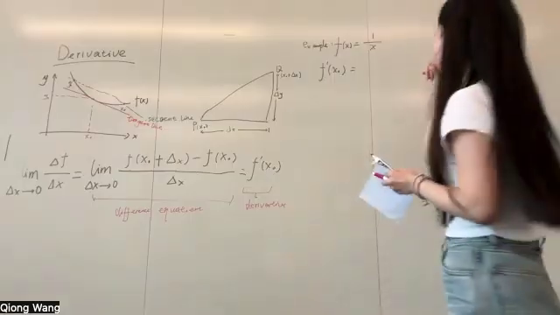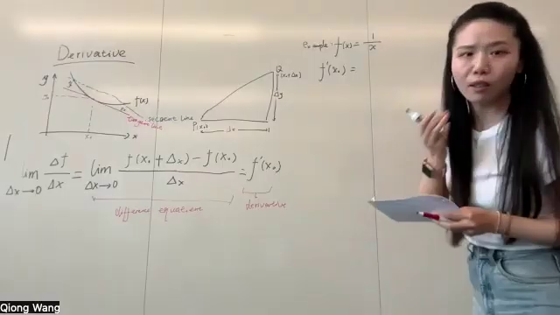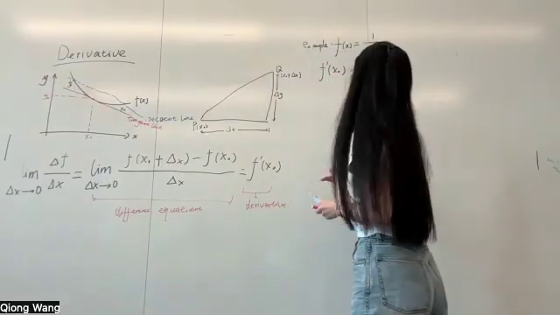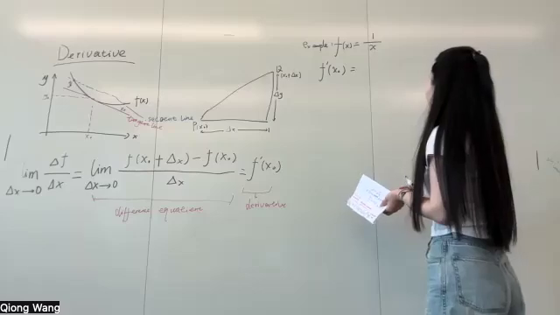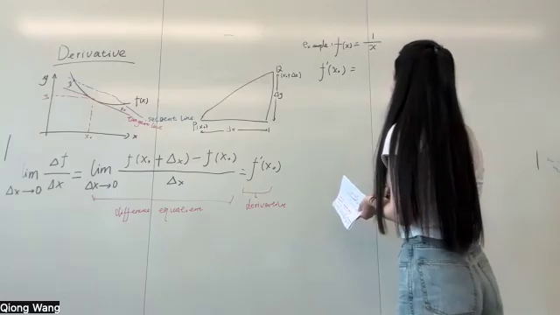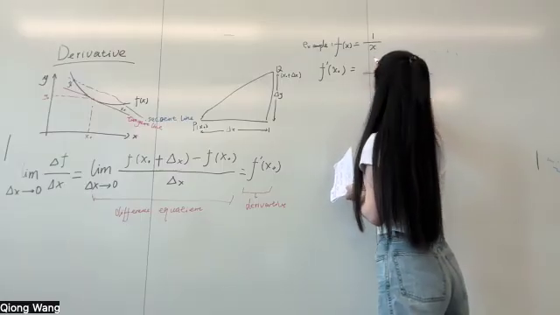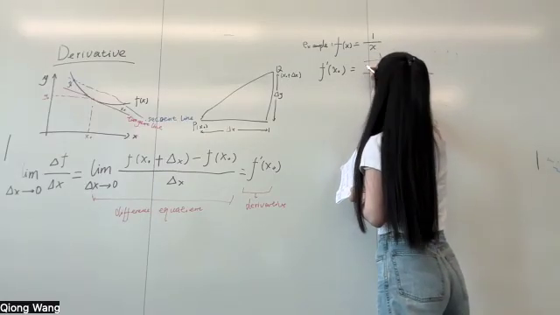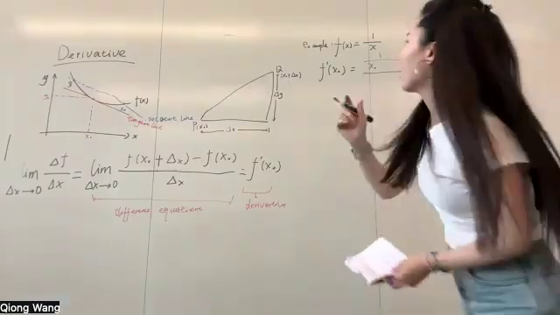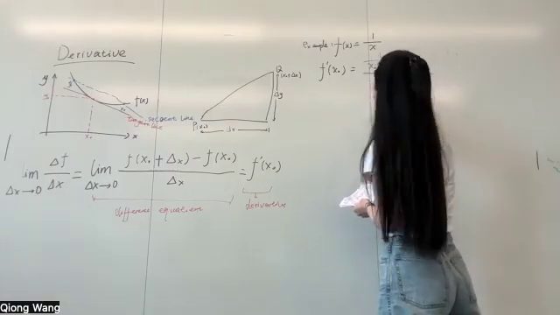Let us write this function again. Based on the function of the derivative, we assume f of x equals 1 over x. So f prime of x0 will be 1 over x0 plus delta x, over delta x, minus 1 over x0, over delta x, right?